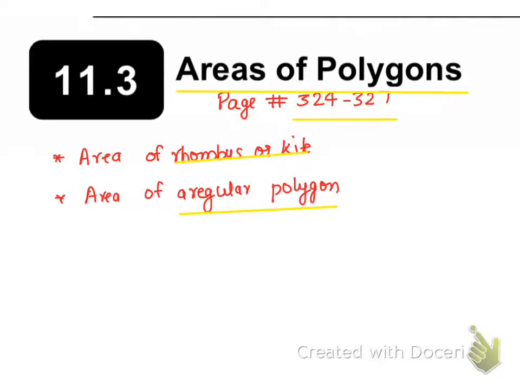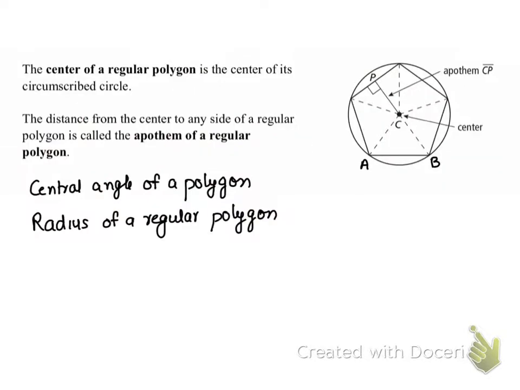So let's start. Before we move to the area formulas, let's learn about basic definitions. The center of a regular polygon. When you find the area of a regular polygon, you will see this kind of figure where you have a circle and there is a polygon inside, all the vertices touching the circle.